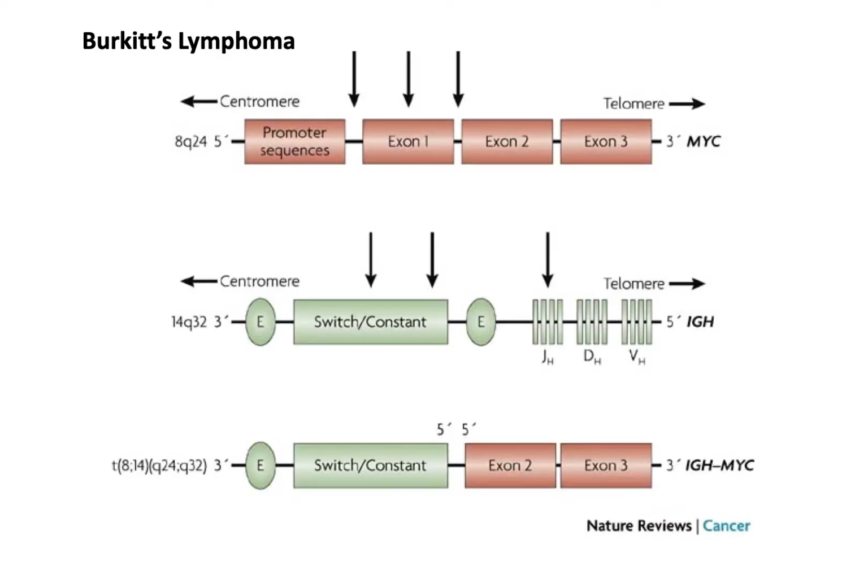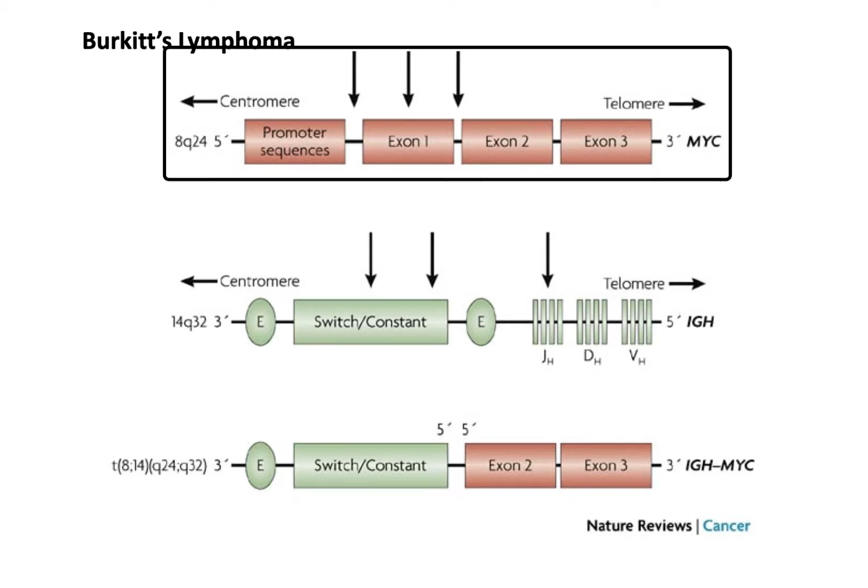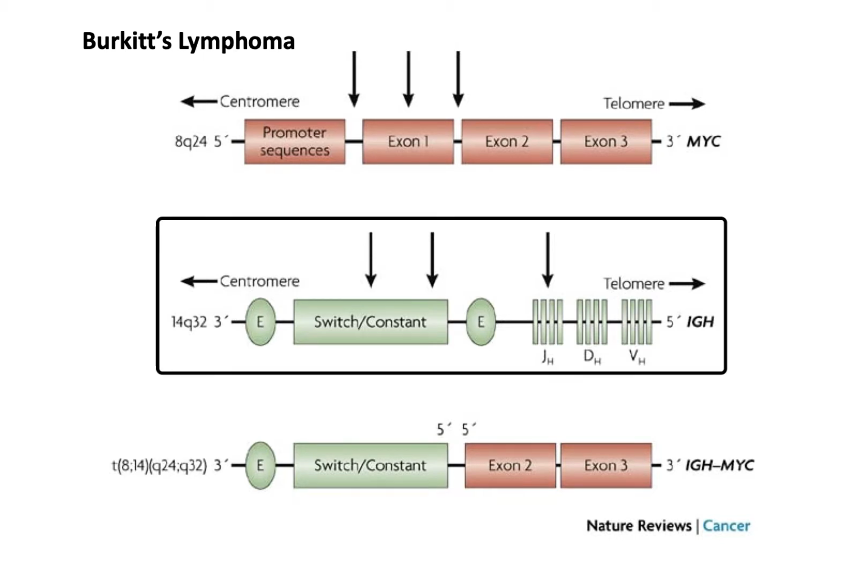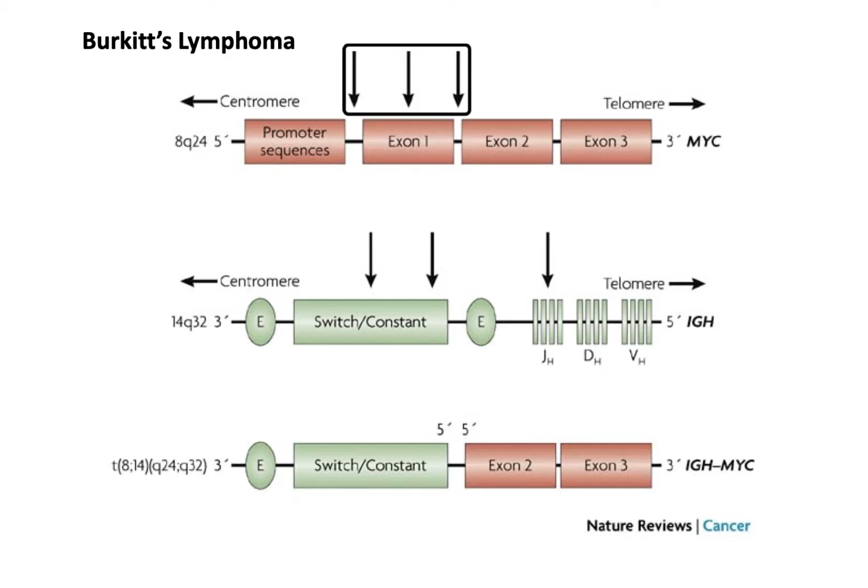And just like with point mutations, there are many possible changes that form Burkitt's lymphoma, but all of them involve the MYC gene having a crossover with a different gene that has a very active promoter, an enhancer, and a switch that's on constantly.